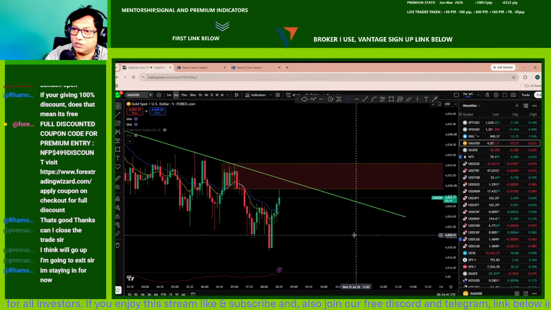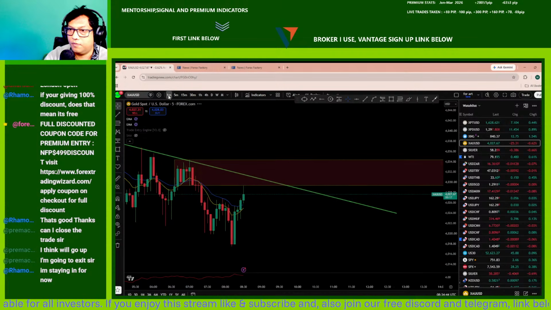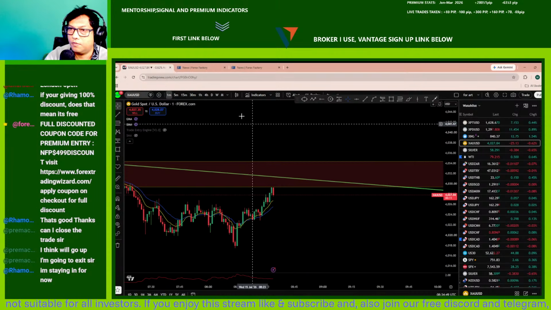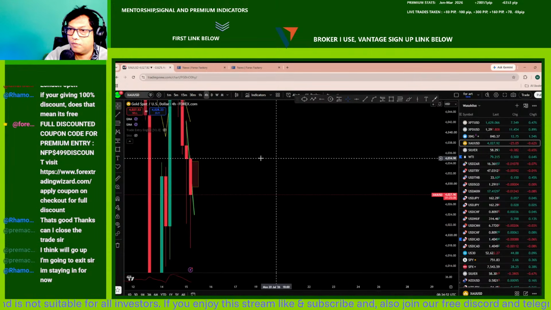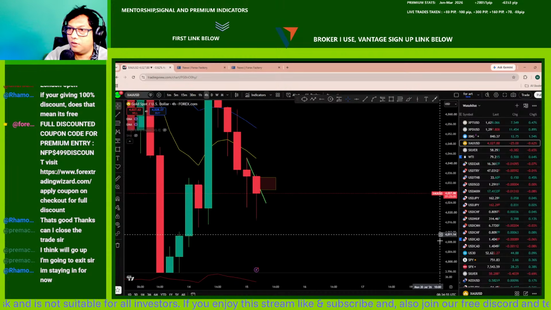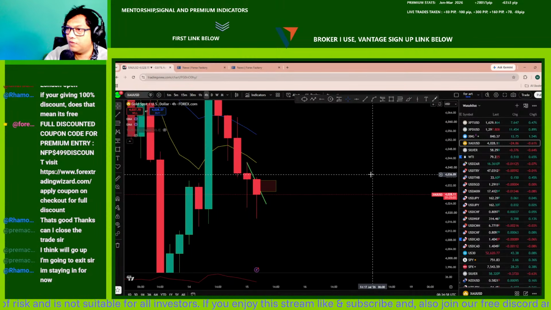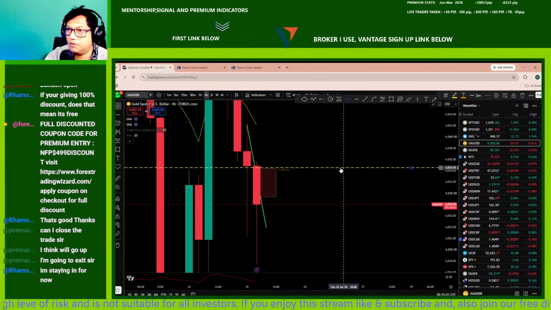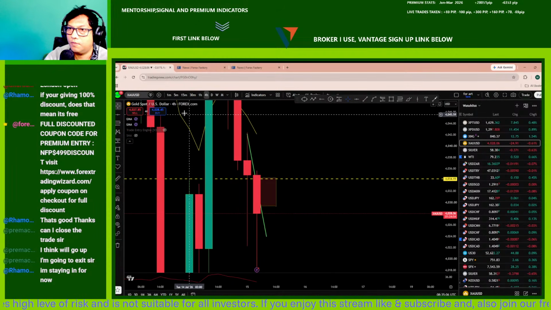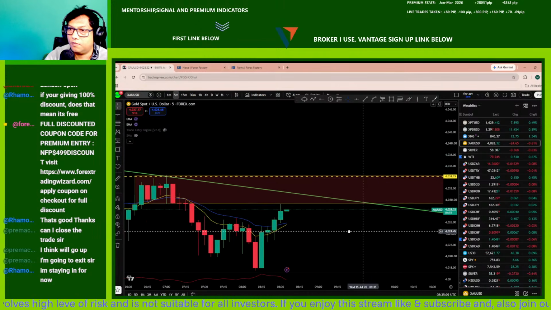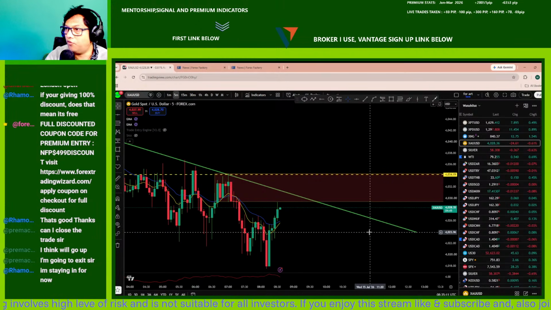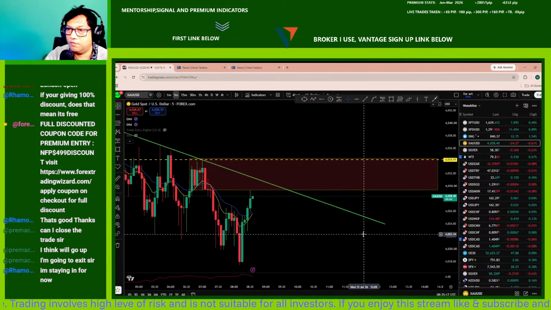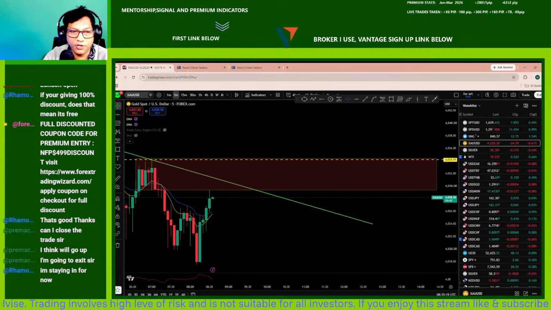Okay, so you could see also this is 4-hour resistance here. Therefore 4034 is another potential level for us to look for entry.